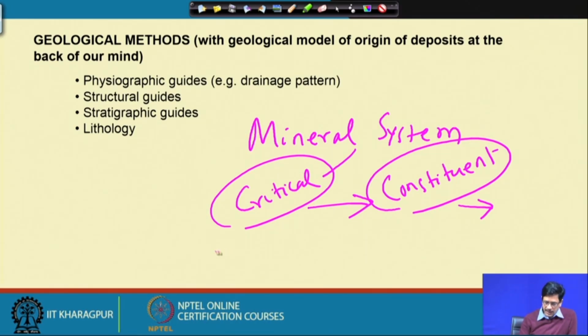So, we have to see that each process has to be translated into its target identification kind of elements, starting from the largest possible scale to the deposit scale. For example, the alteration characteristics in that particular deposit.